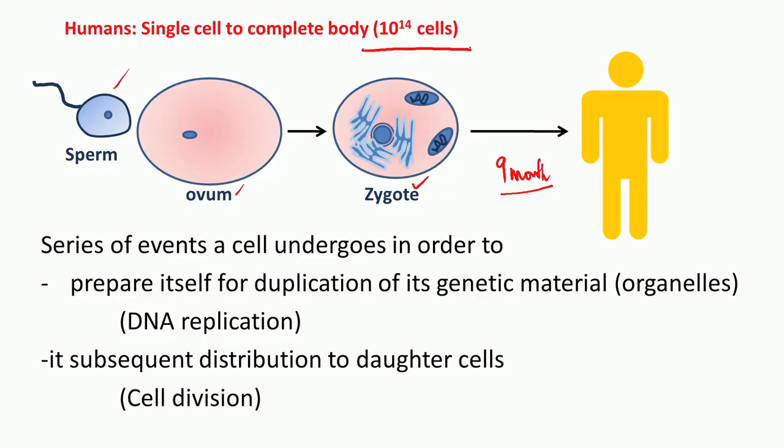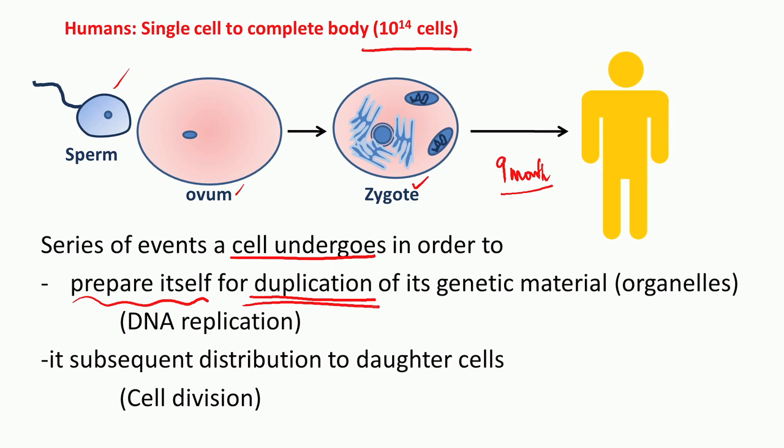Now, how will you define cell cycle? I would say it's a series of events that a cell undergoes, and the reason it undergoes all these events is because it tries to prepare itself and tries to generate enough raw material in the cell for duplication.